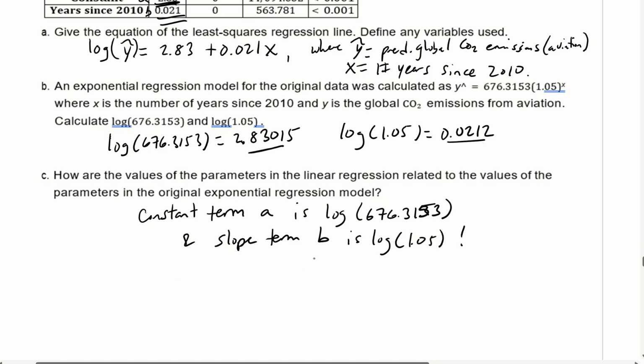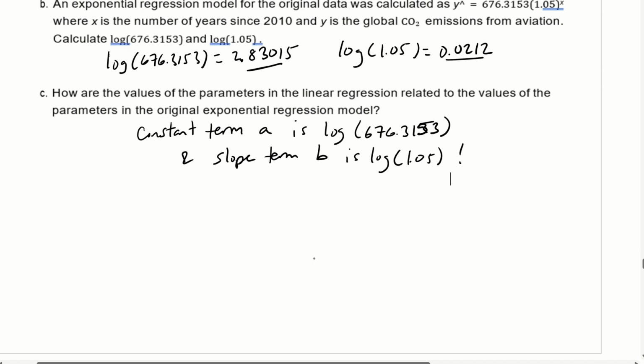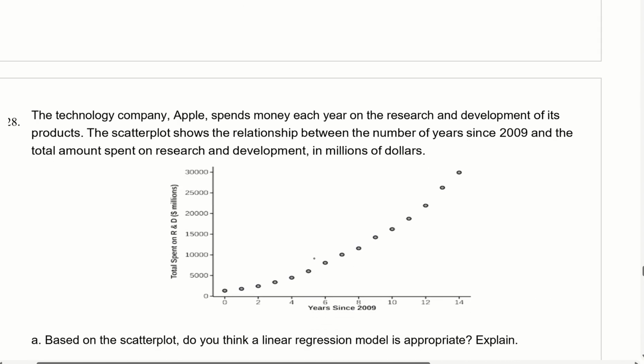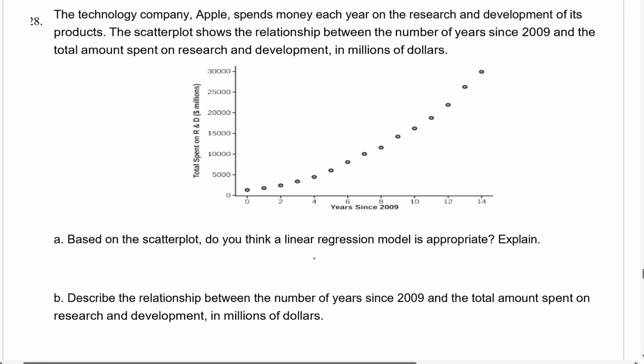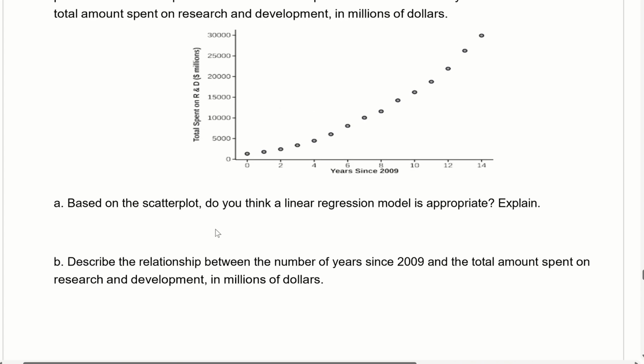Okay. All right. So number 28, the technology company Apple spends money each year on the research and development of its products. Number of years since 2009, and the total amount spent on R&D in millions of dollars. Based on the scatter plot, do you think a linear regression model is appropriate?